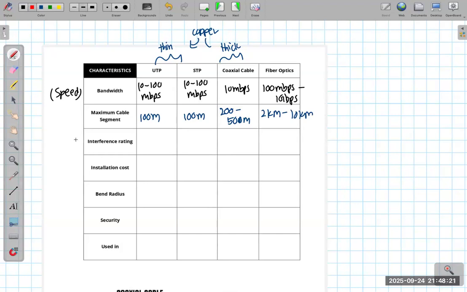Interference, the noise, can cause a reduction in signal strength or damage. Interference resistance: this is poor. Shielded is better than unshielded twisted pair.